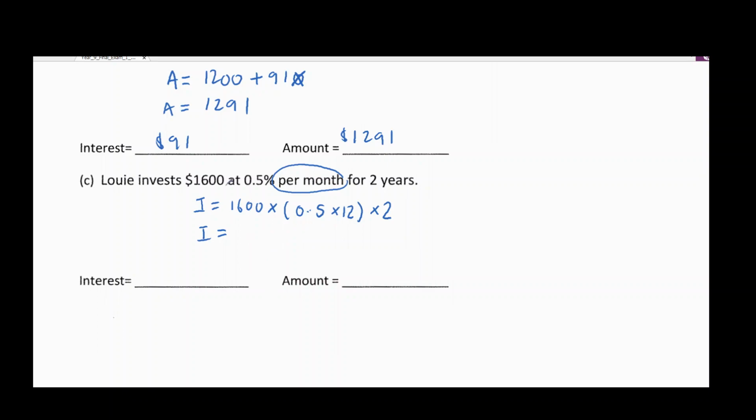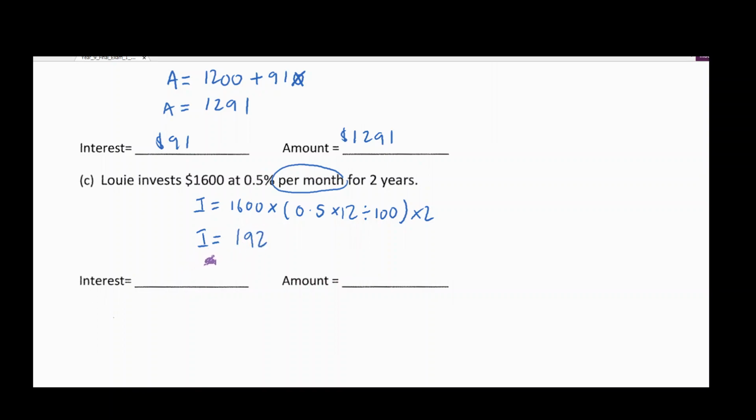Again, I'm making boo-boos here. So times 12 divided by 100 times 2. Now that fixes up my mistake. 1,600 times 0.5 times 12 divided by 100 times 2. And that gives 192.